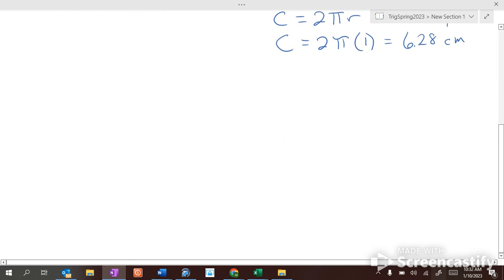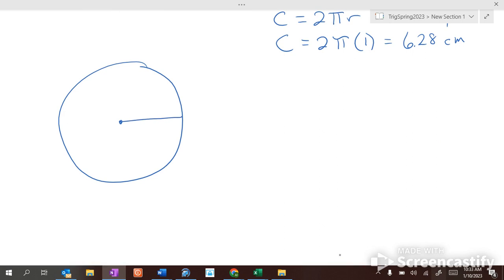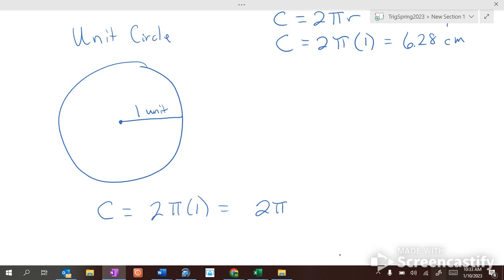What we say is we're going to make the radius 1 unit, and we're going to call this the unit circle, because my 1 unit could be centimeters, it could be miles, it could be whatever. So if it's 1 unit, what's my circumference going to equal? 2 times pi times 1. Or, to be exact, we call it 2 pi.